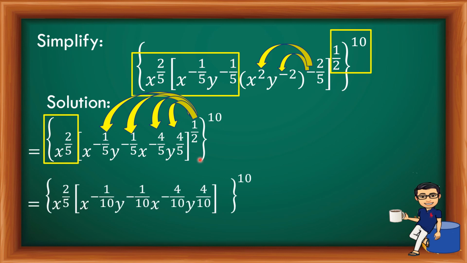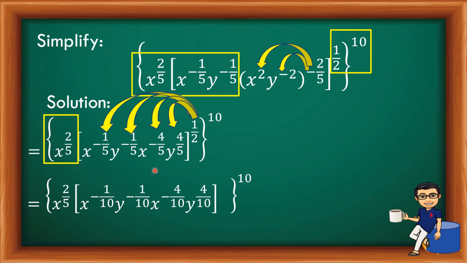Then this will be the result. Copy x raised to 2/5, then 1/2 times negative 1/5, that is negative 1/10. So x raised to negative 1/10. Negative 1/5 times 1/2 is negative 1 over 10. So that's y raised to negative 1 over 10.